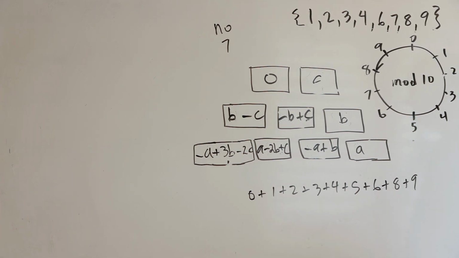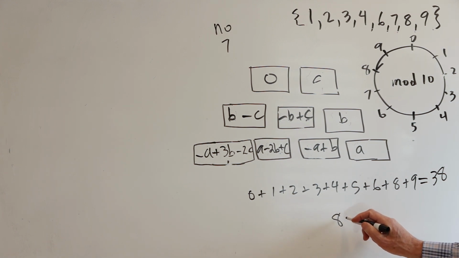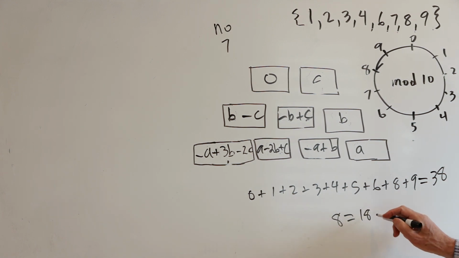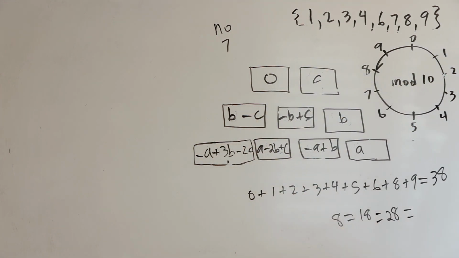So if I don't have a 7, they're going to add up to 38. So this will be 38. But on this clock, 38 is just 8. But on the clock, it's equal to 18, 28, and so on. If I add all this together, it's going to add up to, say, 18, for example.